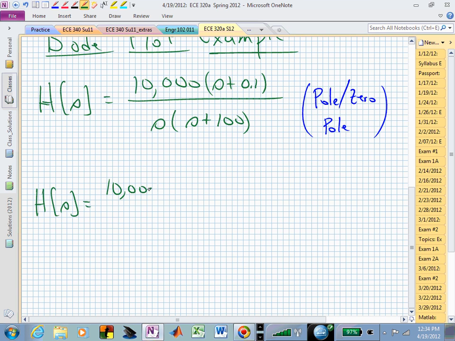We have 10,000, that's a gain-like term, but now I will go ahead and keep that zero that's located at minus 0.1 explicitly identified by putting it right underneath the s.